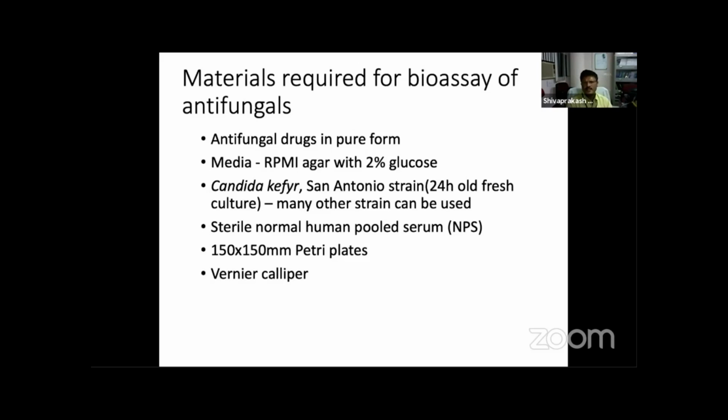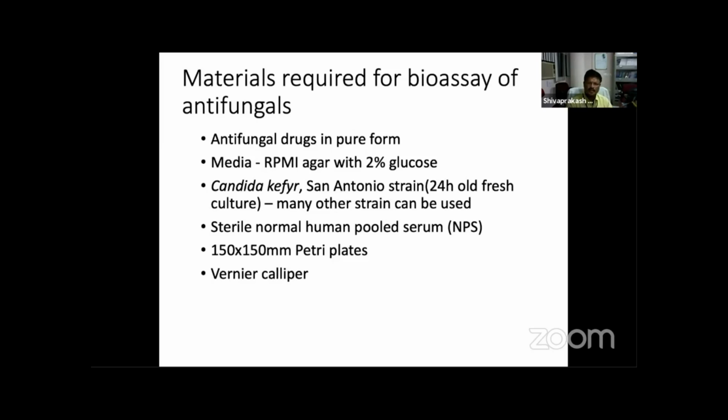But bioassay works if you use quality controls together. If it is giving good results, then you can use it. For example, we were doing voriconazole TDM 10 years back, and at that time we used to do it with RPMI agar. Other evidence is also there. We have also used peptone agar for this. RPMI is recently very good.